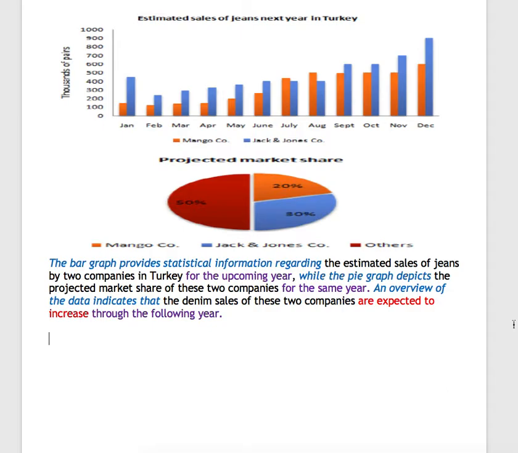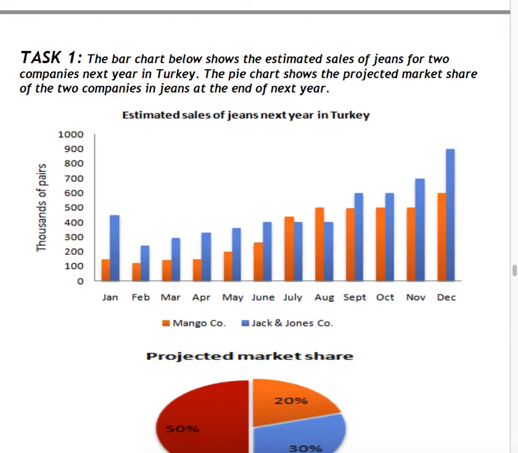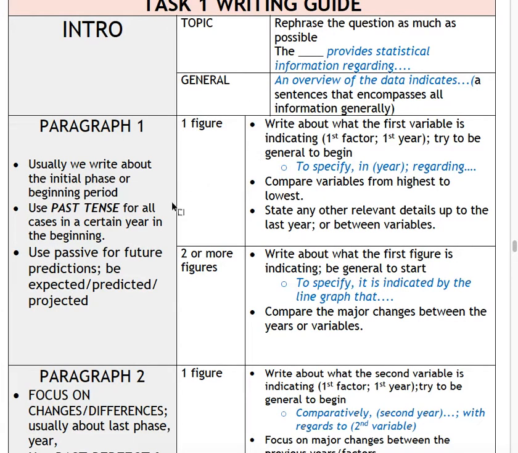So now we're going to get to the first paragraph. Write about the first variable or the first figure you see right here. I wrote something similar to that there. Doesn't have to be exactly. Okay, let's see what's here.